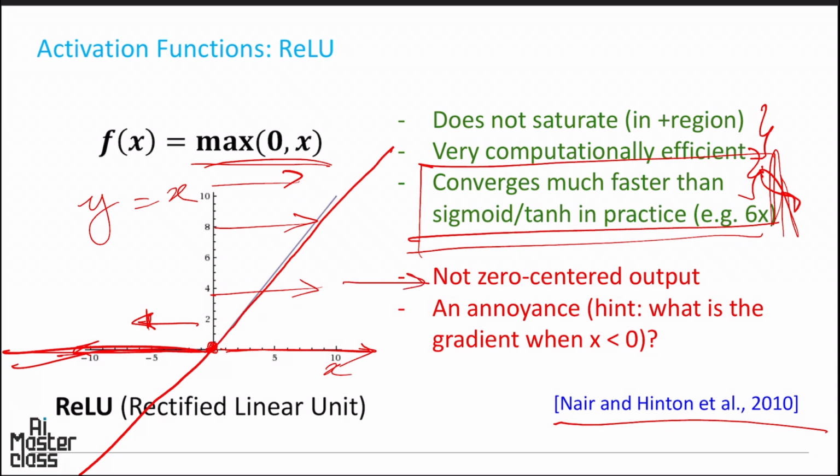It's not 0 centered, and there is a small annoyance: what happens when x is less than 0? Well, the gradient is 0, because here it's again flat. So it can sometimes lead to some issues, and we'll discuss this later, but for now we can just ignore it.